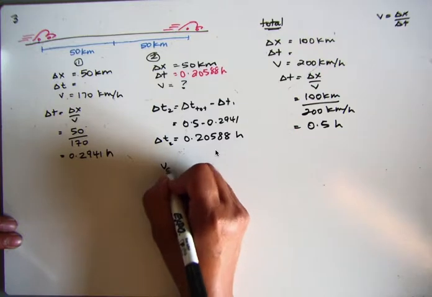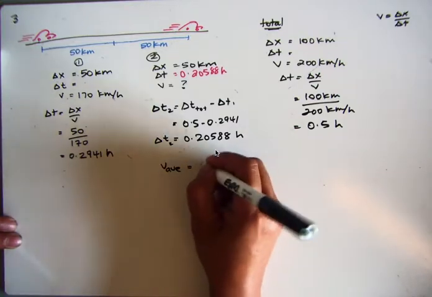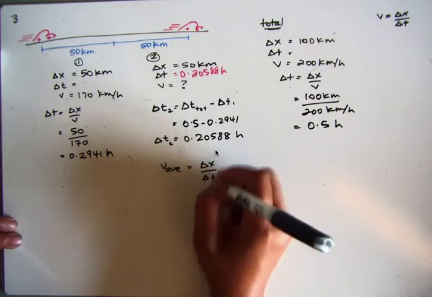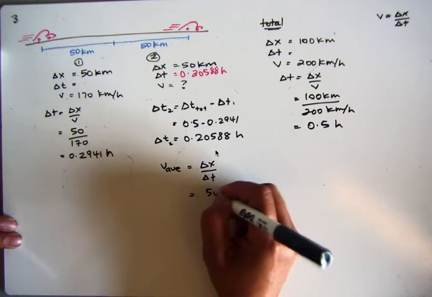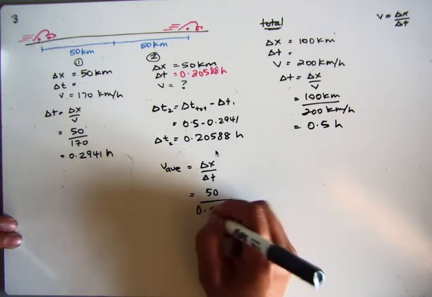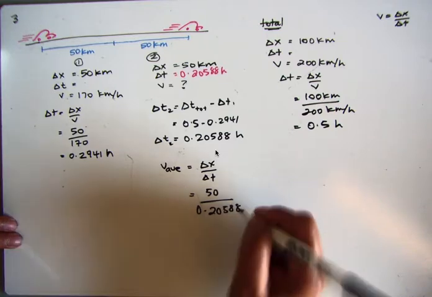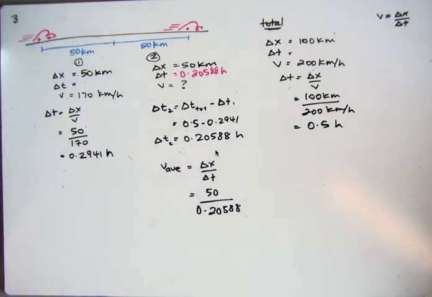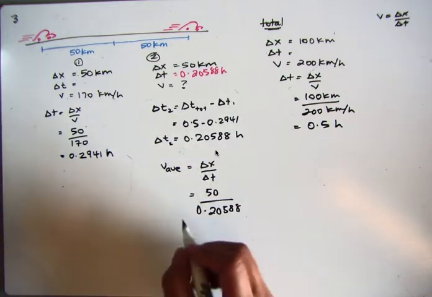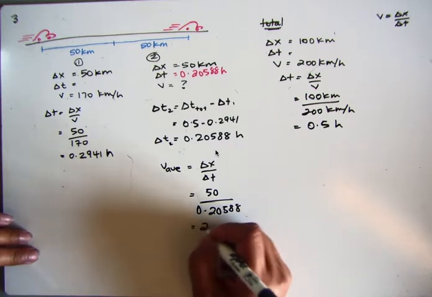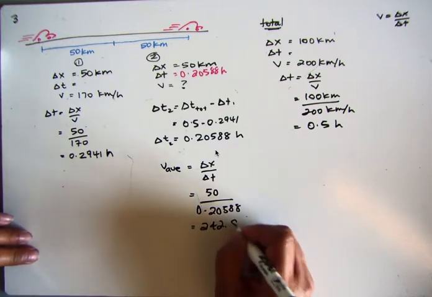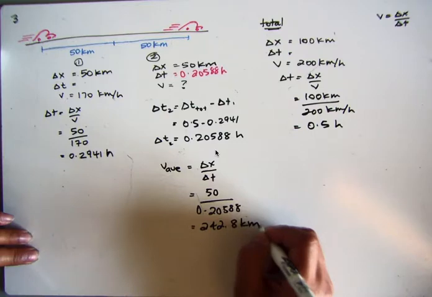So now that we know that, finding the average speed is easy. So v for the second part is just equal to delta x over delta t, which is 50 divided by 0.20588, which equals 242.8 kilometers per hour.